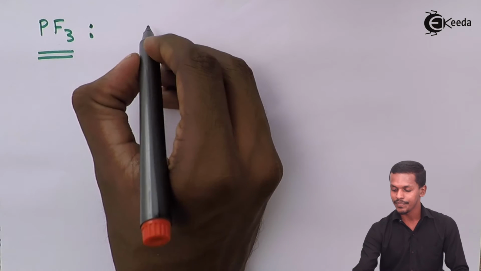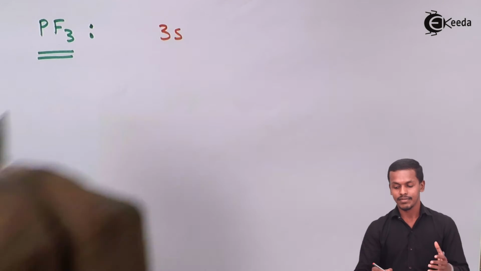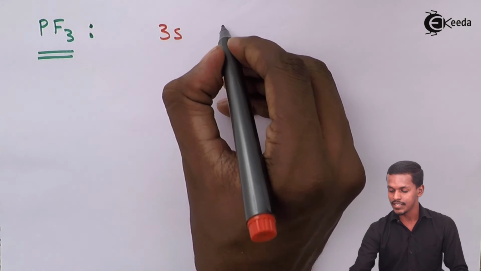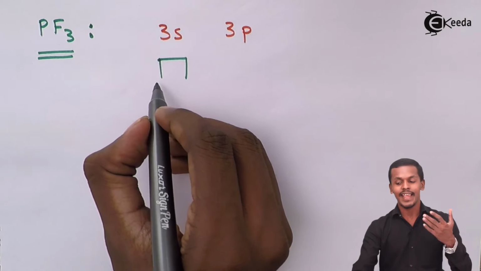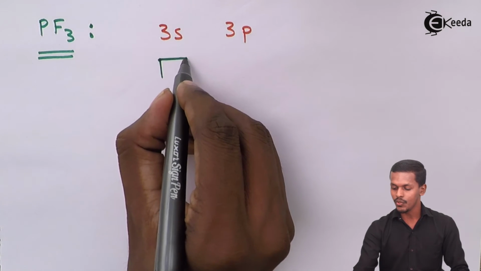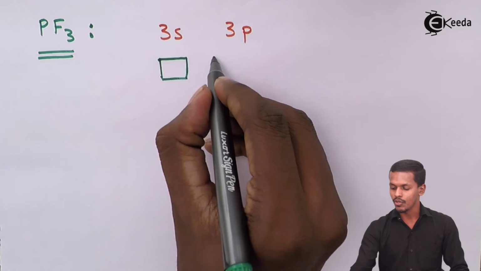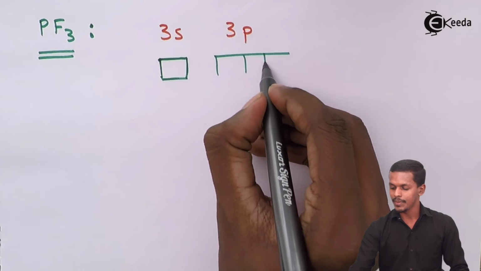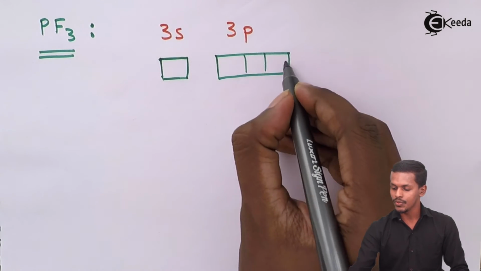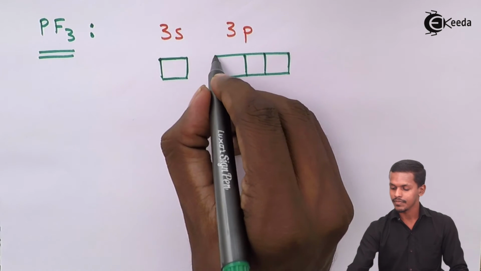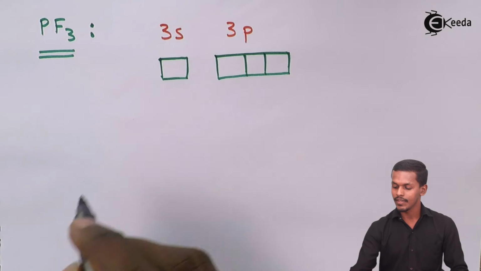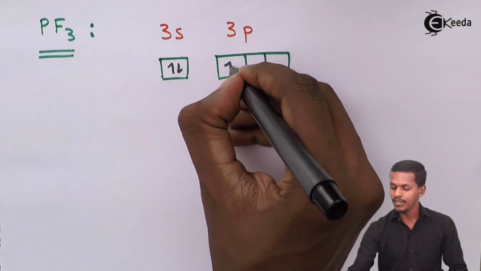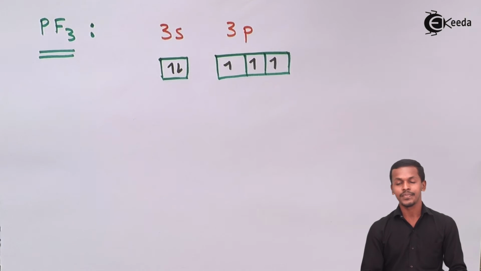The valence shell involves 3s of phosphorus and 3p of phosphorus. The s orbital consists of 2 electrons, as we know, while the p orbital of phosphorus consists of 1, 2 and 3 electrons. But here we are talking about only phosphorus.